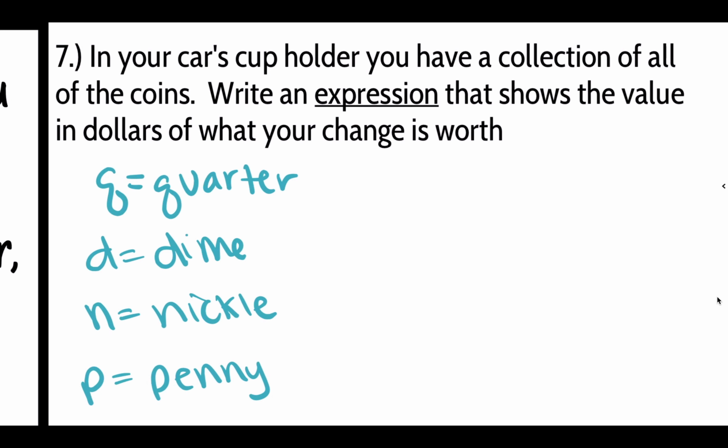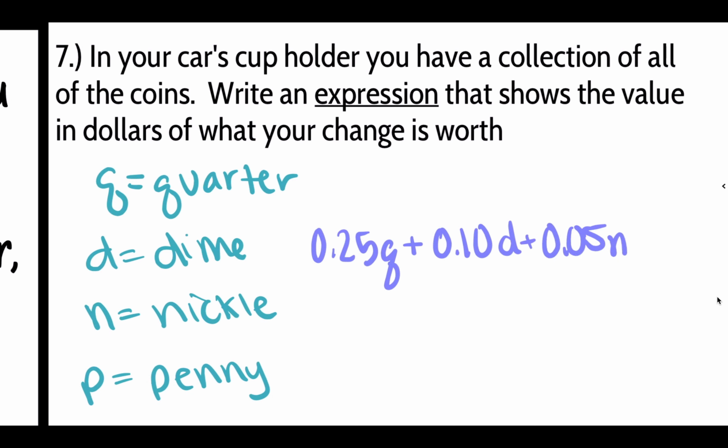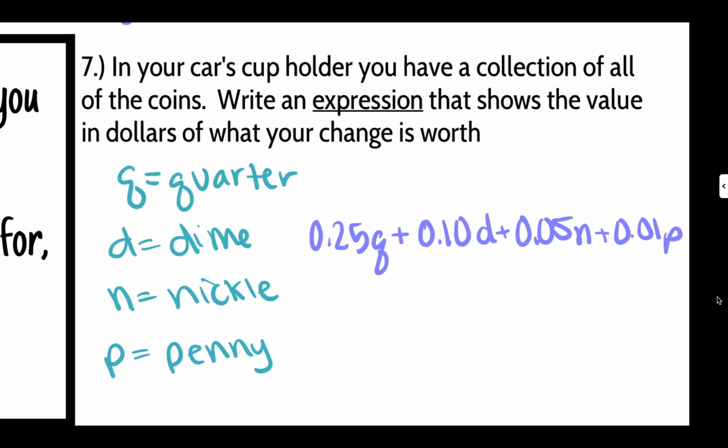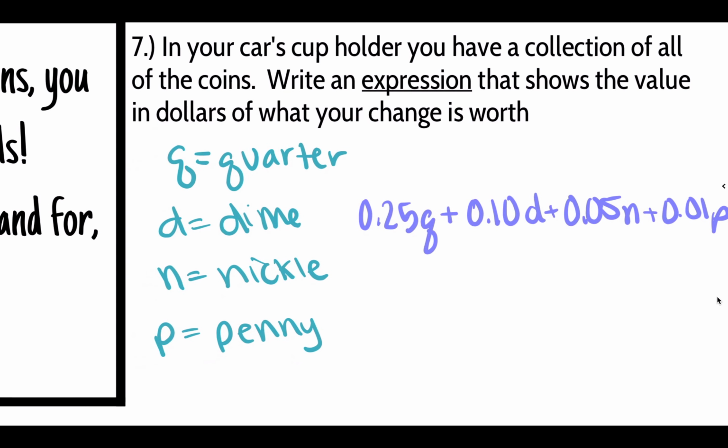So then our expression is going to be 0.25 Q plus 0.10 D plus 0.05 N plus 0.01 P. Now we have an expression. Remember, expression means no equal sign, okay? We don't want any equals.